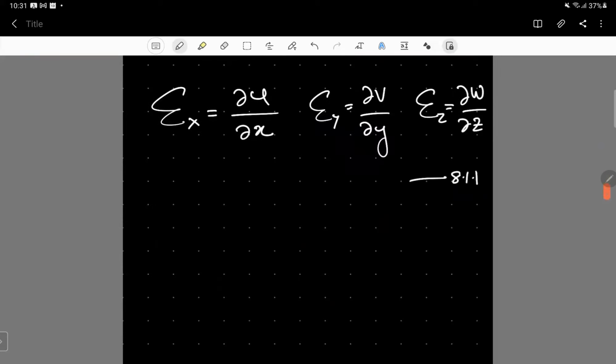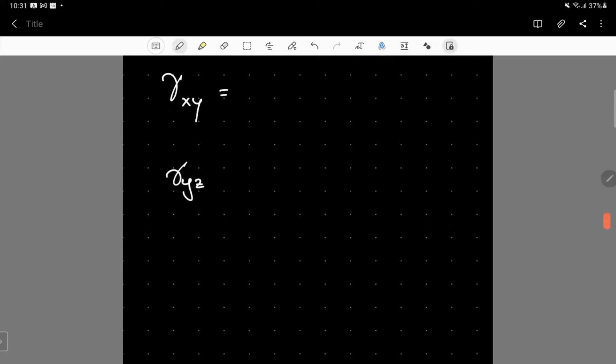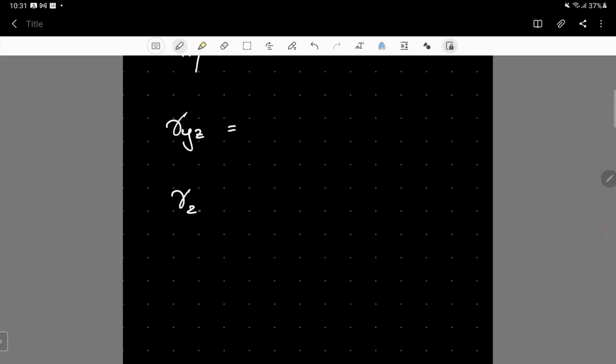All right. Where, of course, U and V and W are the displacements in the X, Y, and Z directions. Then the corresponding strains due to the shear stress can be written. So there are three terms: the shear strain in the XY plane, the YZ plane, and the shear strain on the XZ plane.